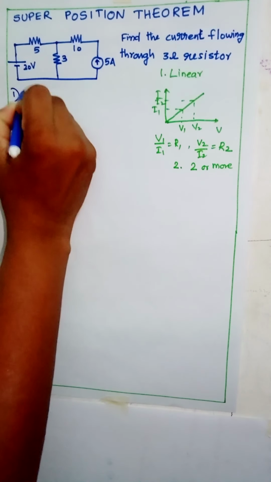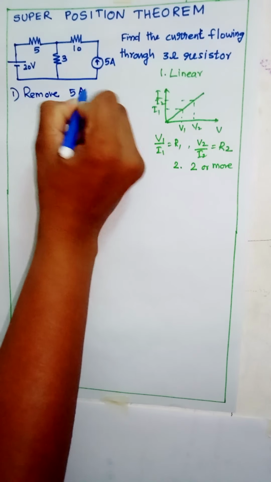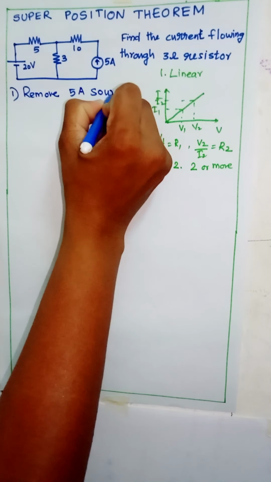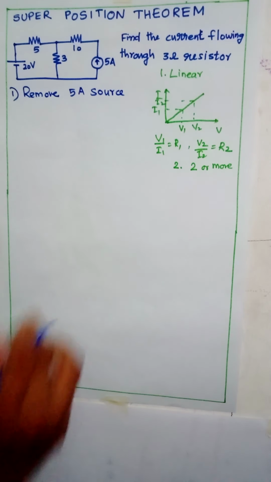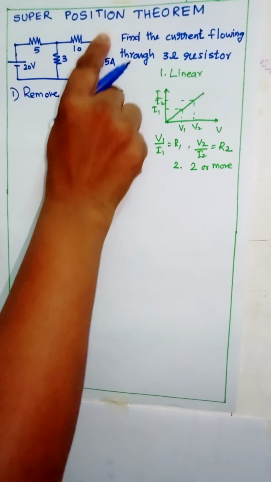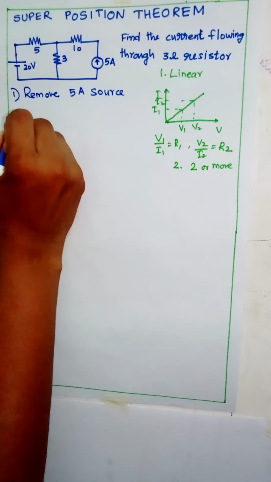So our first step is to remove the 5 ampere source. If it is a current source, removal of a current source means that side is open circuited. So the circuit will be like this.